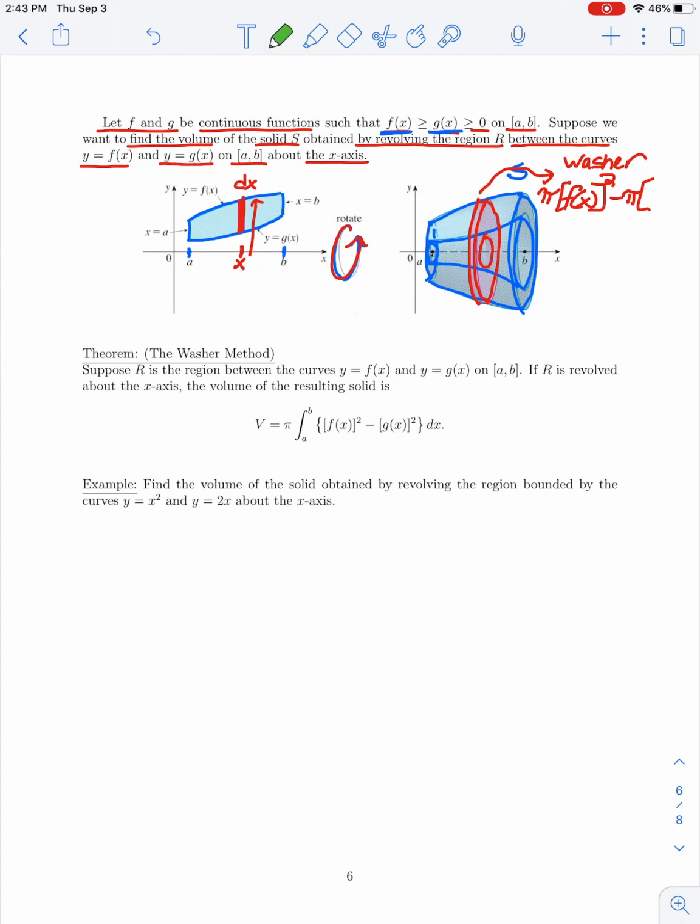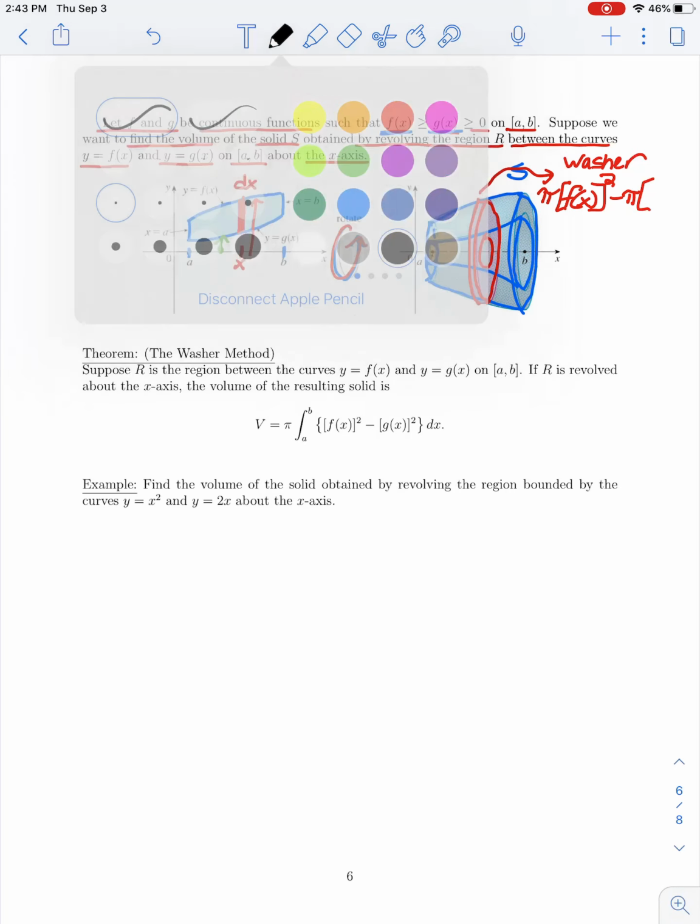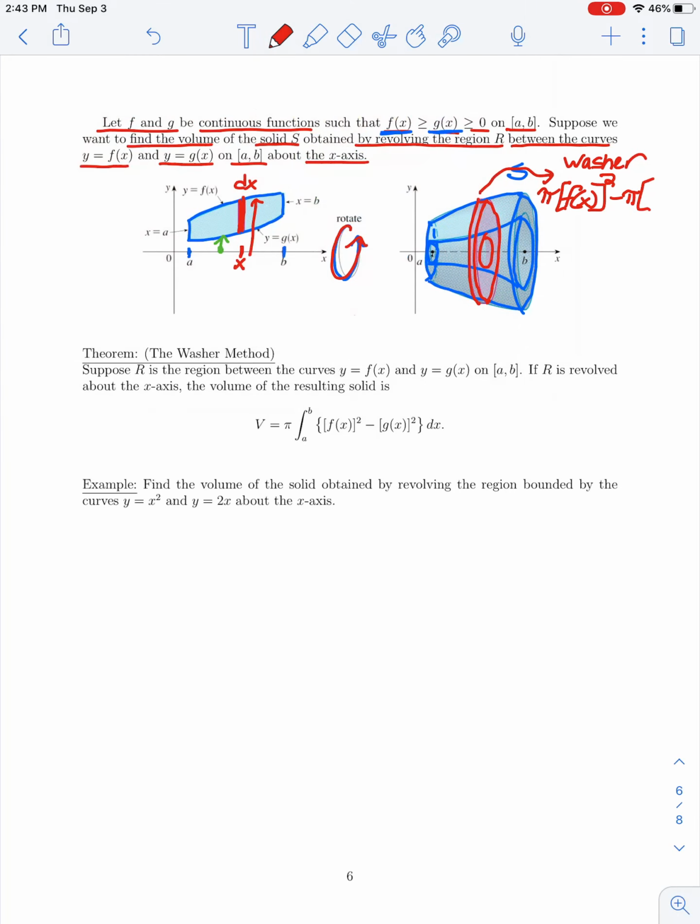Our inner radius is the distance from the x-axis up to the bottom curve, y equals g of x. So we have pi times g of x squared, or factoring out a pi, we have pi times f of x squared minus g of x squared.